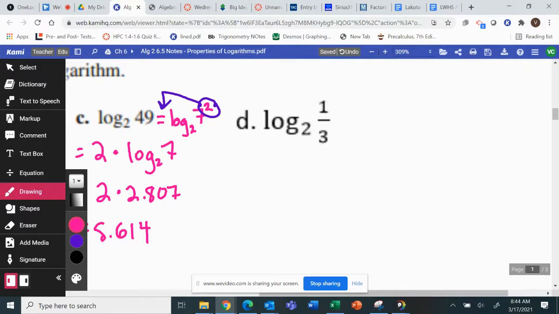All right, the next one, log base 2 of 1/3. We're going to use either log base 2 of 3 or log base 2 of 7 or both to get 1/3. Sophie, how are we going to use it to make it 1/3 though?